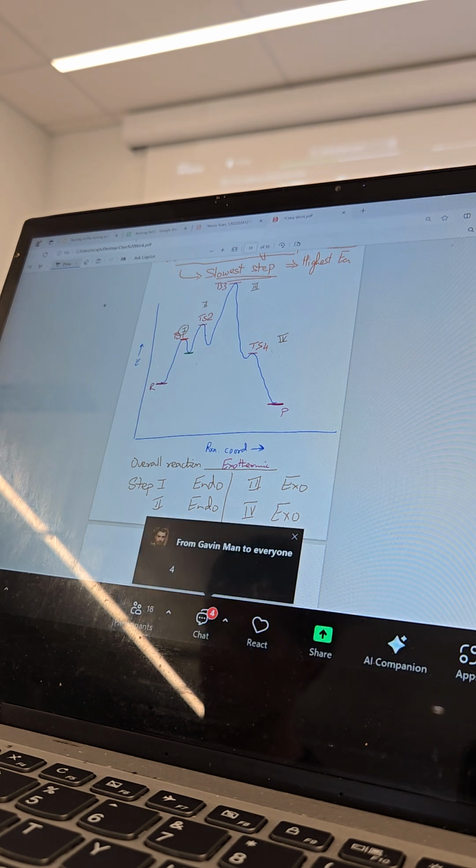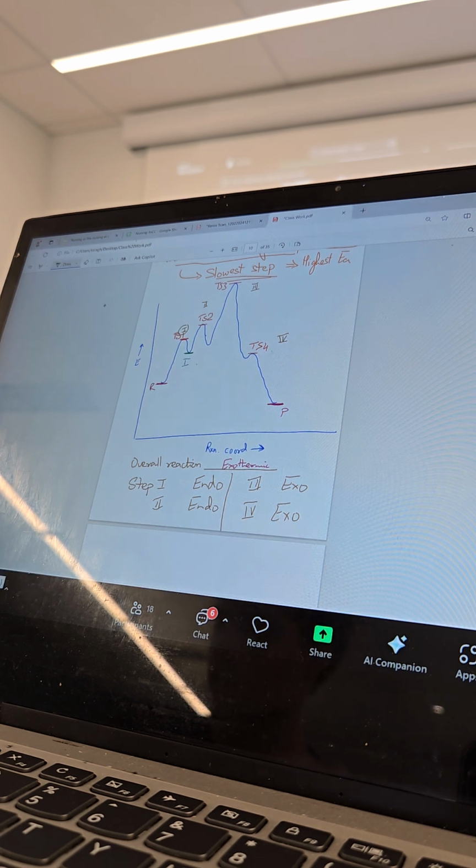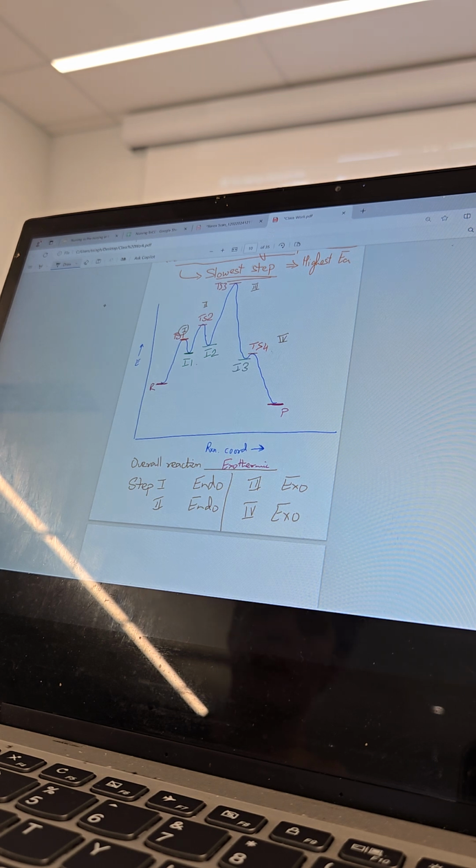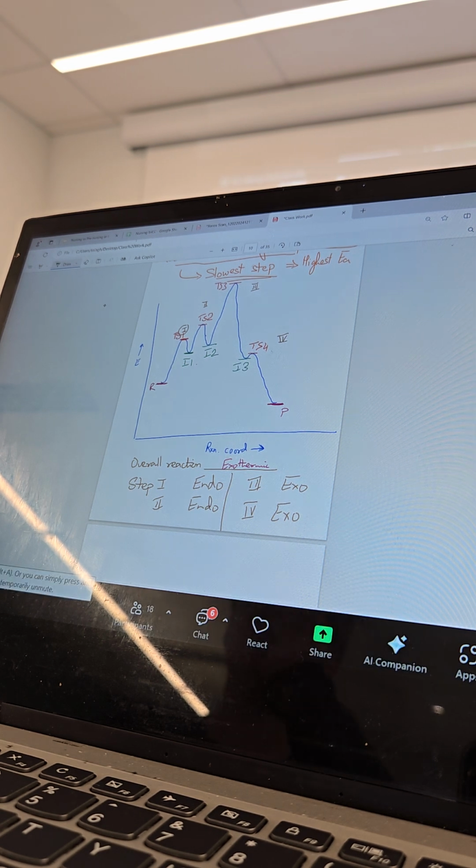Not 4. 2? 3. Here is your intermediate 1, 2, and 3. Here's your intermediate 2. Because they're the ones in the middle, right? Exactly. Intermediates are in the valleys.